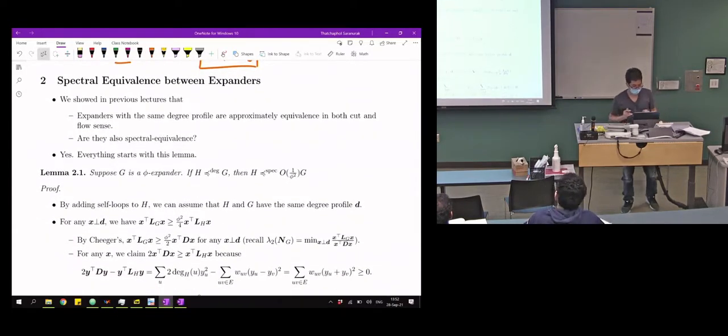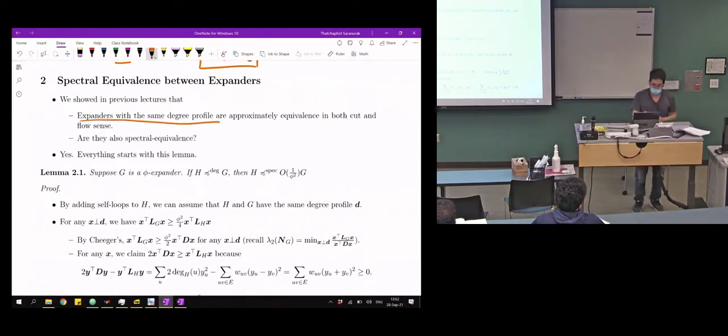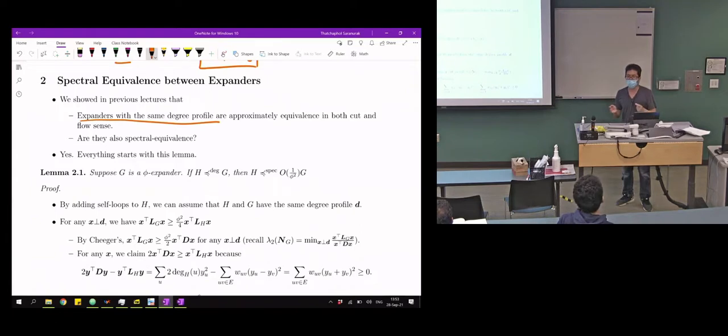All right. So, okay, spectral is stronger than cut, but can we still say that all of the expanders are in some sense spectrally equivalent, just like we have done for flow and cut? That is, we said that all of the expanders with the same degree profile are approximately the same in both the cut and flow sense.